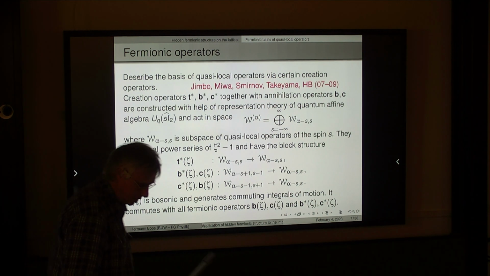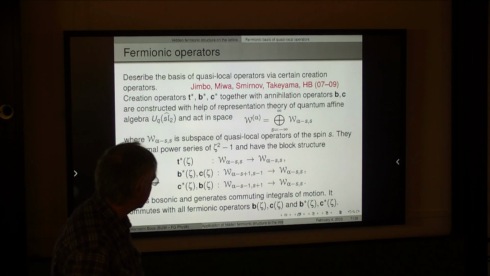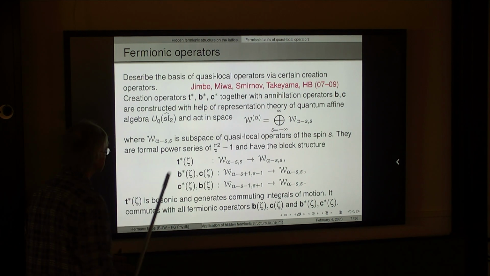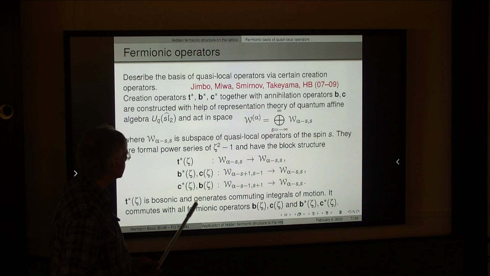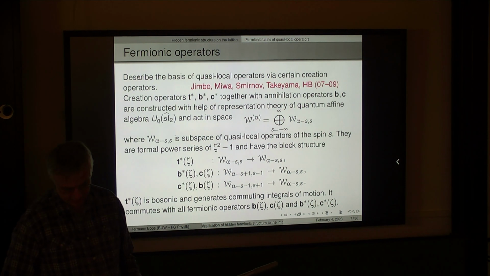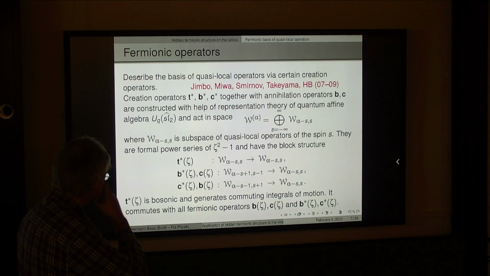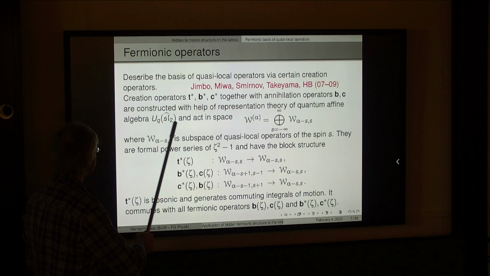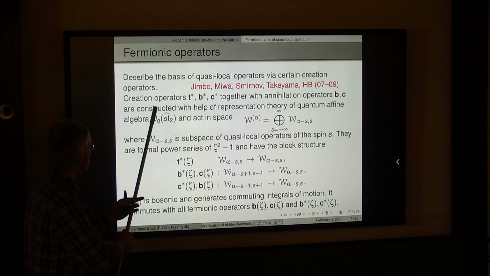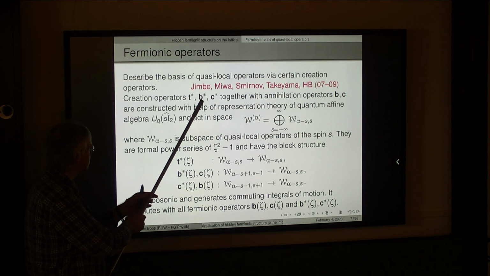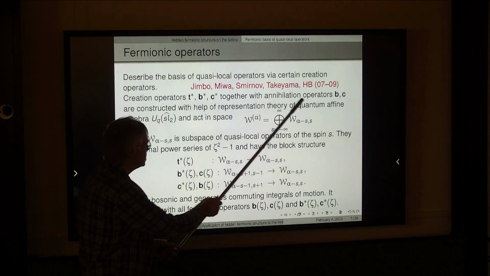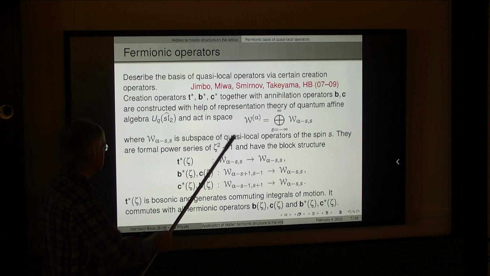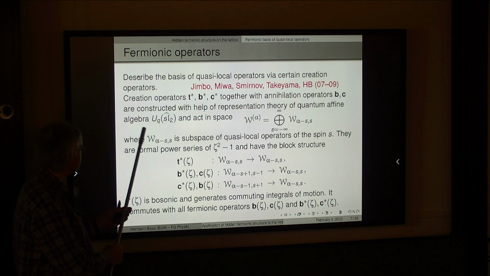Now we come to this long story which we did together with Jimbo, Miwa, Fedya, and Takeyama more than a decade ago. And the result of this long activity was the construction of special creation operators, which we called T star, B star, C star, together with annihilation operators B and C. And they are constructed with the help of the representation theory of the quantum affine algebra.